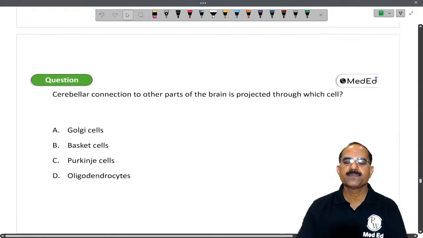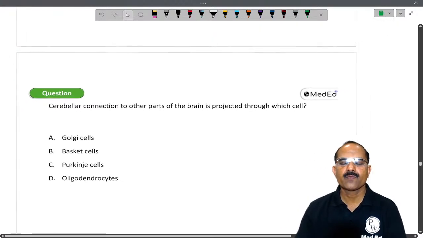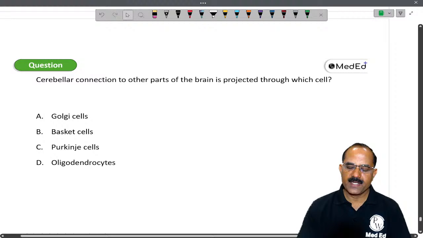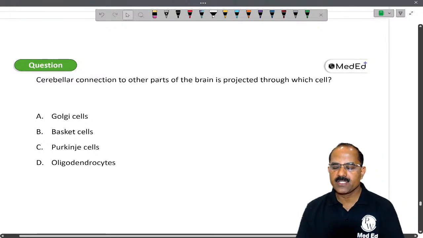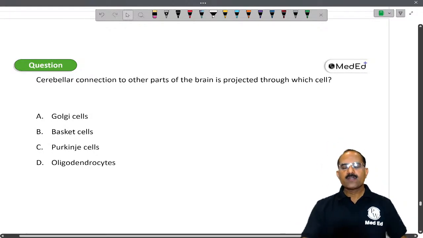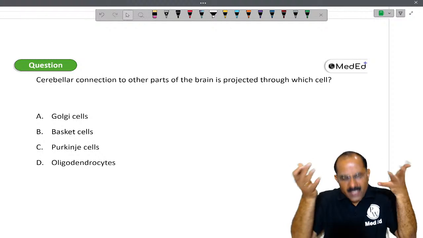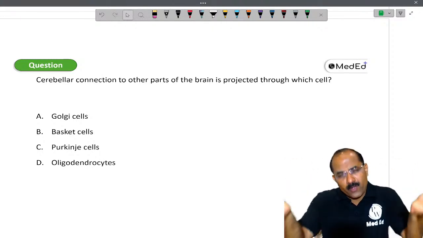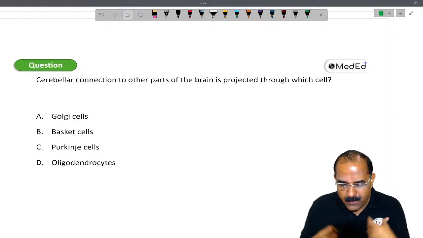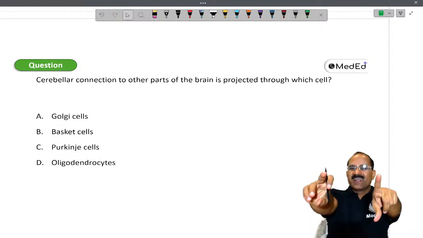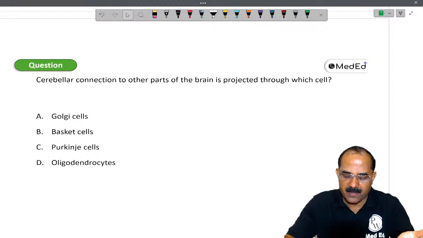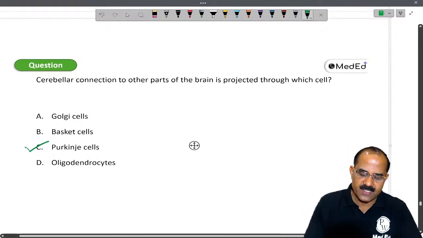Answer this. Pranshu, cerebellar connection to the other parts of the brain is projected to which cell? देखो cerebellum है ना बच्चों, cerebellum is mainly sensory. Cerebellum के पास सारे inputs आते हैं. All the sensory input comes to the cerebellum. But there's only one nucleus which sends output from the cerebellum, and that is Purkinje cell.